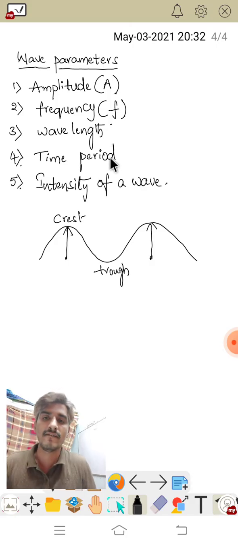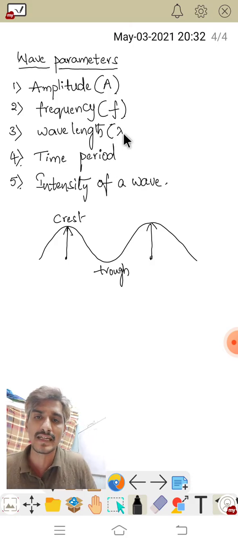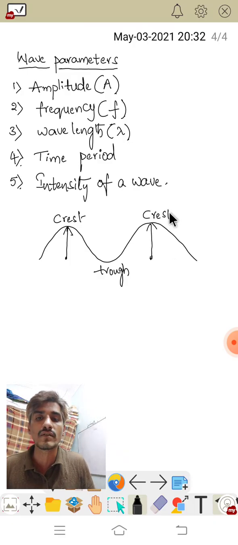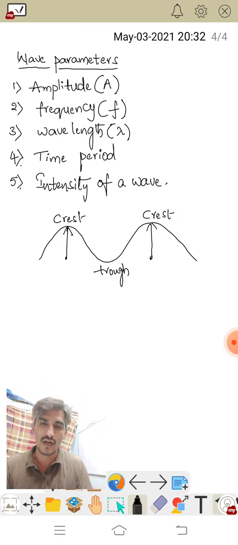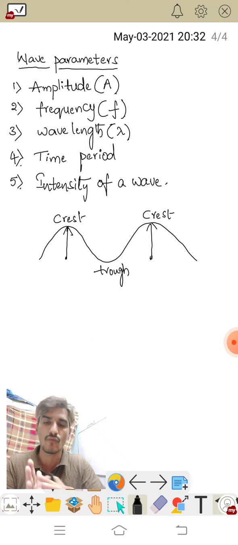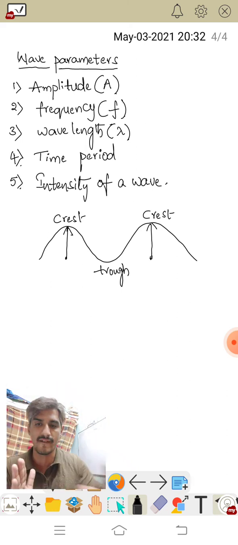Then wavelength. Wavelength is denoted with the letter lambda. What is a wavelength here? Wavelength means the distance between two consecutive crests, or the distance between two consecutive troughs. Simply we can say, what is the length of the total wave?